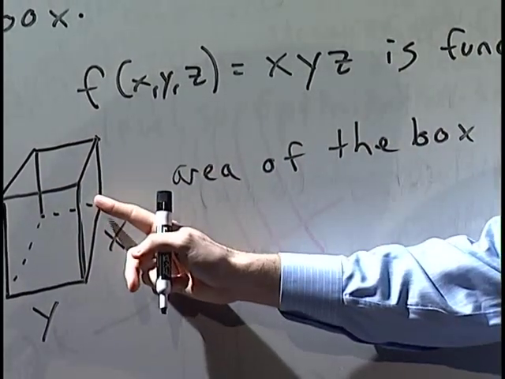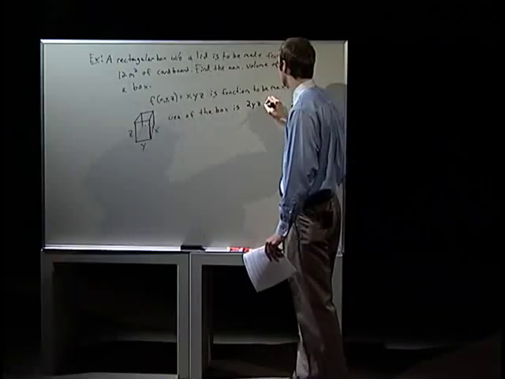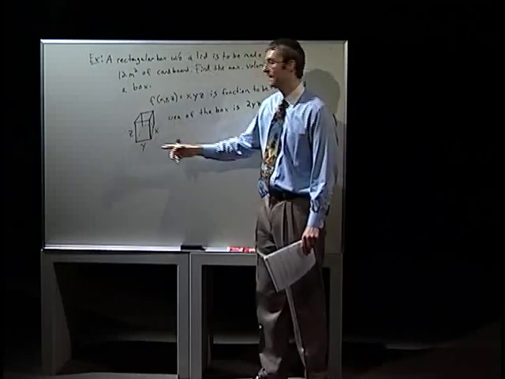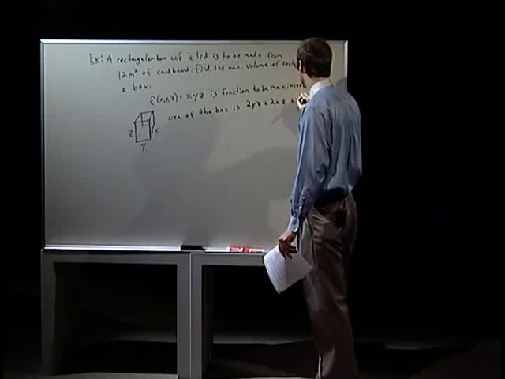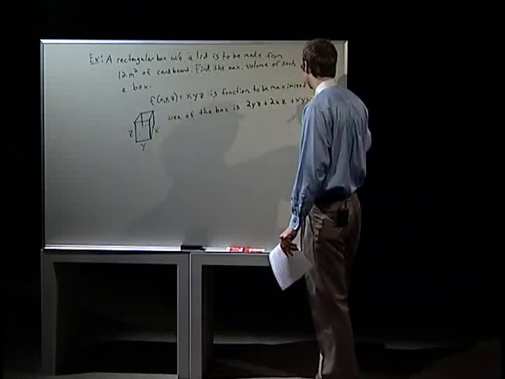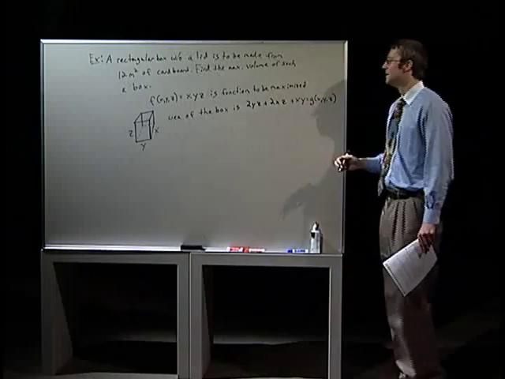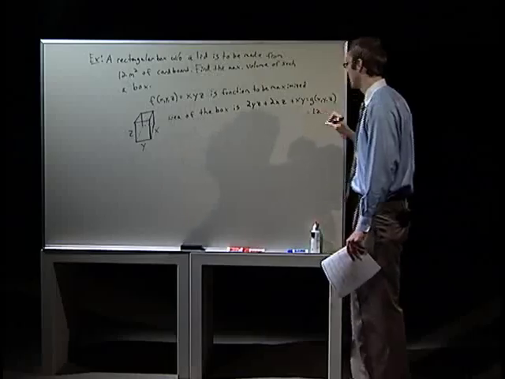There are two sides, the left and right, that have area xz, so there's two of those. And the bottom of the box has area xy. There is no top, so there's only one of those. So plus xy, right? So this thing needs to be equal to 12.